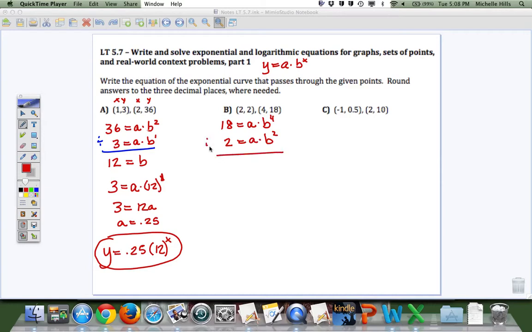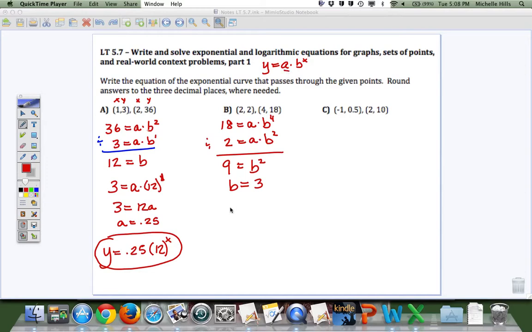Then I'm going to divide, so 18 divided by 2 is 9. Again, the a divided by a would cancel out, and b to the fourth divided by b squared is b squared. To solve 9 equals b squared, I would have to square root both sides, so b equals 3. And we're only going to be dealing with the positive root for these. So I know b equals 3.